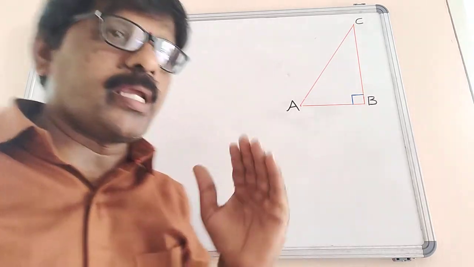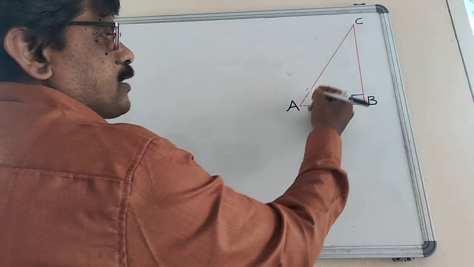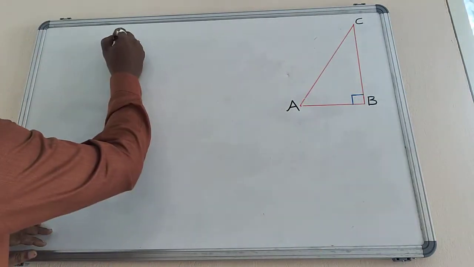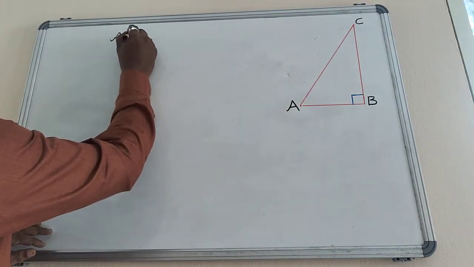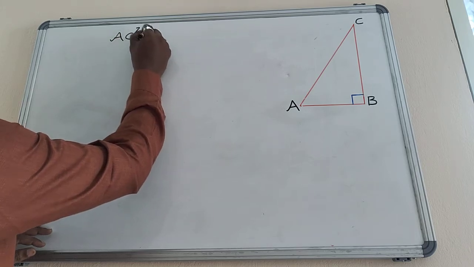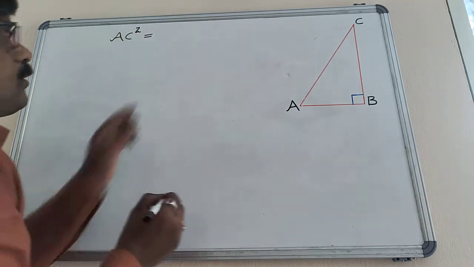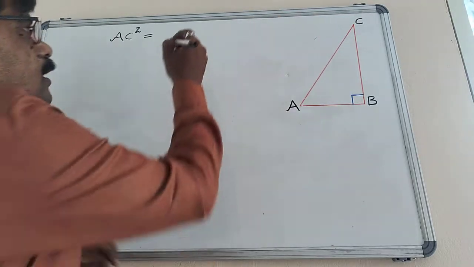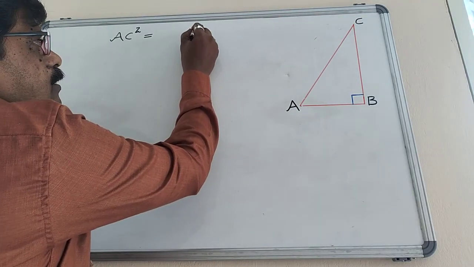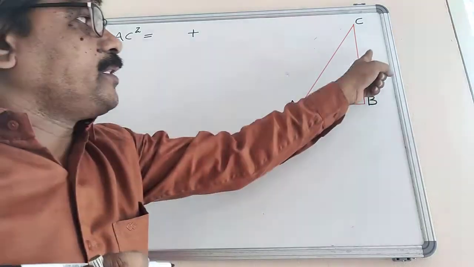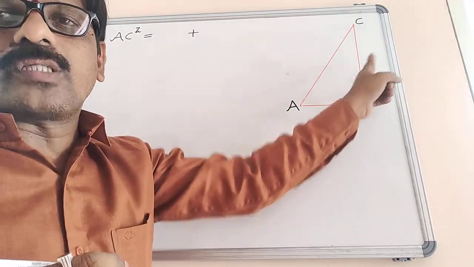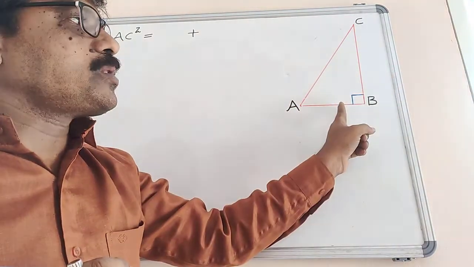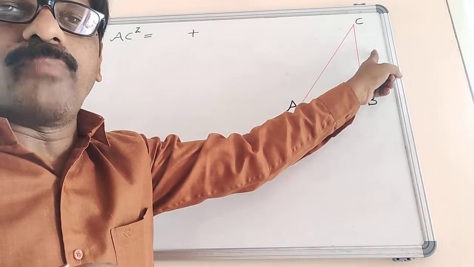That means the square of hypotenuse, AC square, equals the sum of the squares of the other two sides. The other two sides are AB and BC.